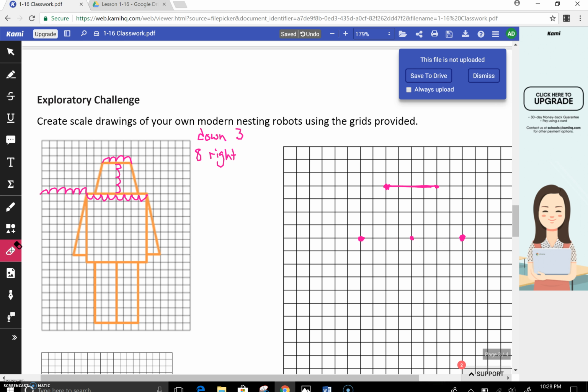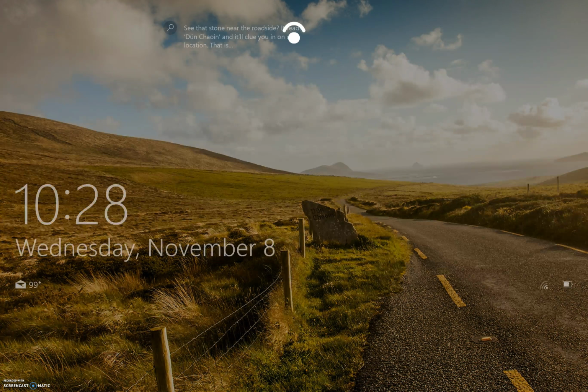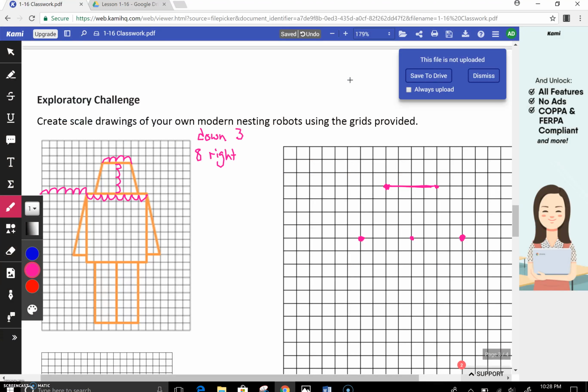But now I have his shoulders drawn to scale as well. As you can see, this takes a little bit of time, and you have to be accurate with it. So no problem if this takes you a little bit of class time to get this figured out.